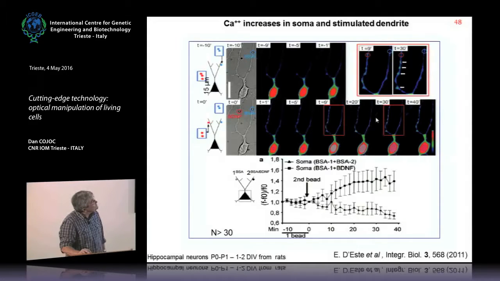And we notice also an increase of fluorescence in the neurite. This was repeated many times and also compared with the BSA bead case, to exclude the possibility that it is a mechanical stimulation.